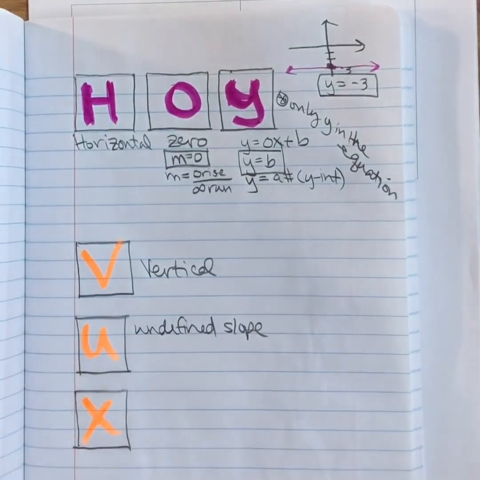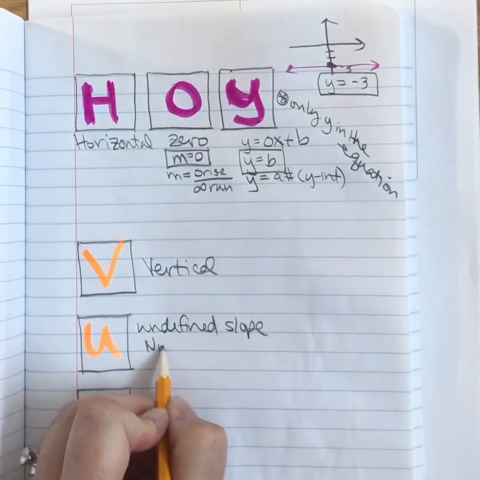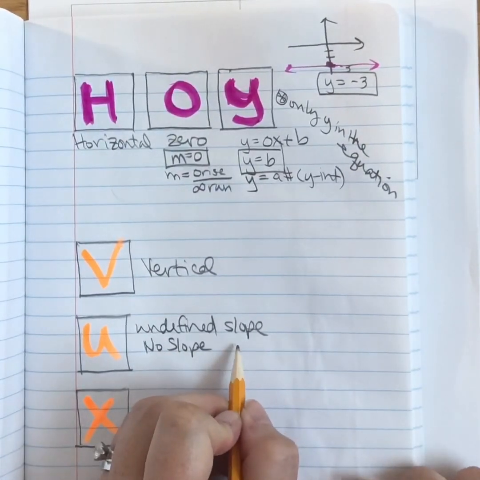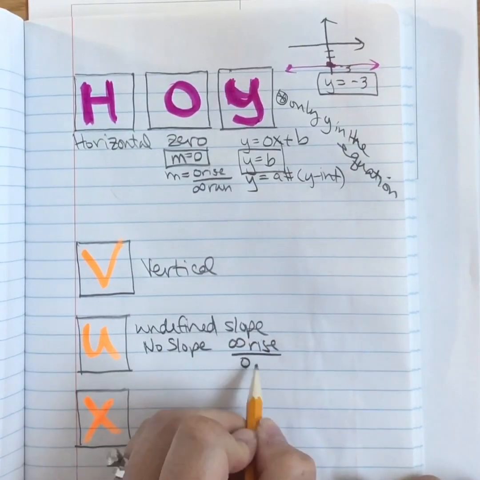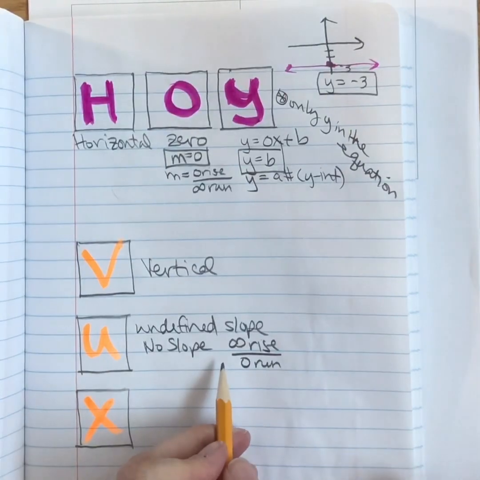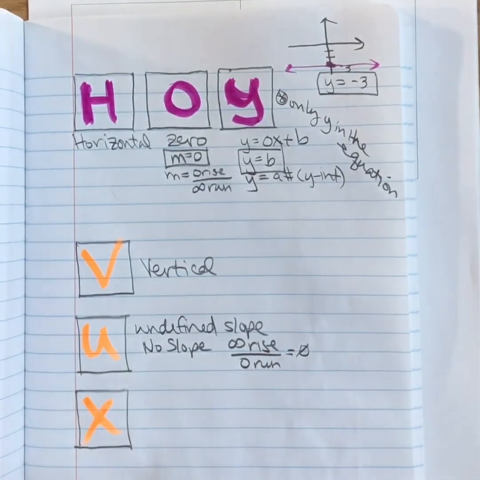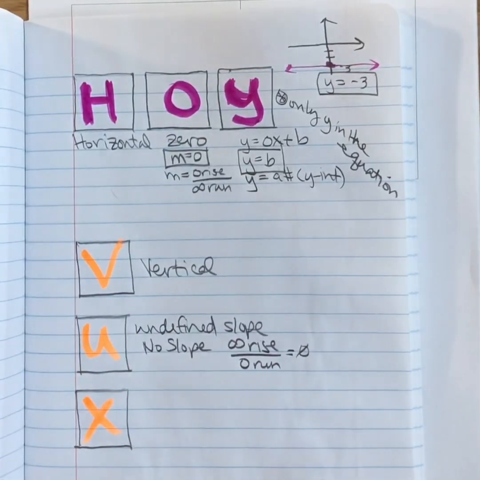Now, we talked in class that no slope means that you have infinite rise over 0 run. But any fraction that has 0 in the denominator is undefined. Okay, that's why we call it undefined slope. So we don't even say m equals anything.